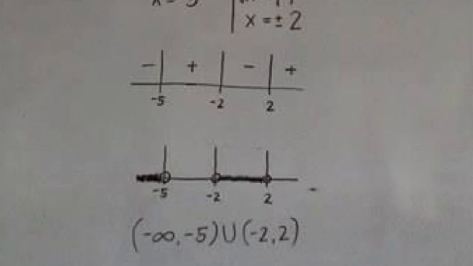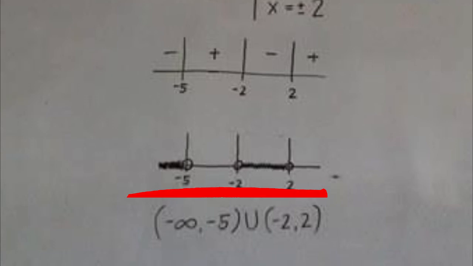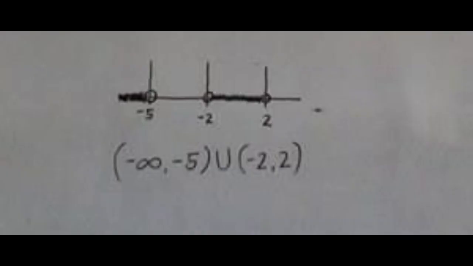Use the sign analysis chart to determine which sections satisfy the inequality. In this case, we have less than 0, so we want all of the negative sections. After that, use the interval notation, so we have negative infinity to negative 5 union negative 2 to 2.